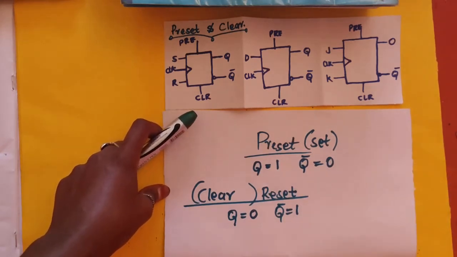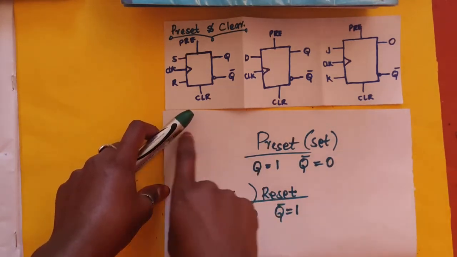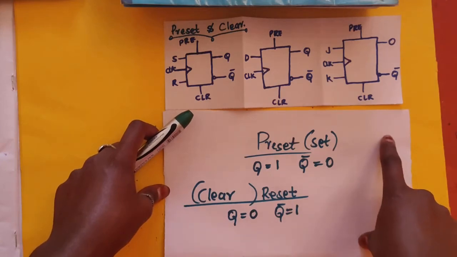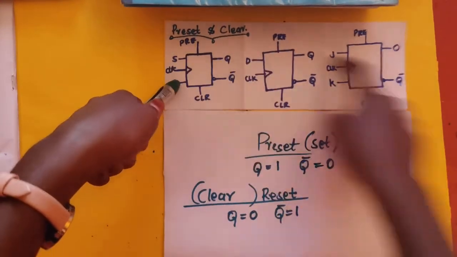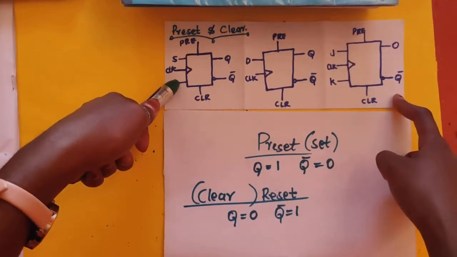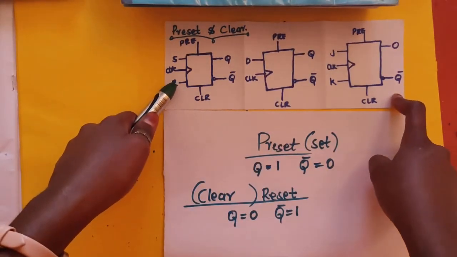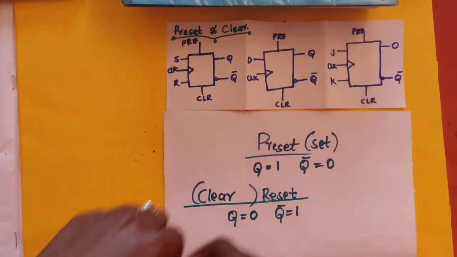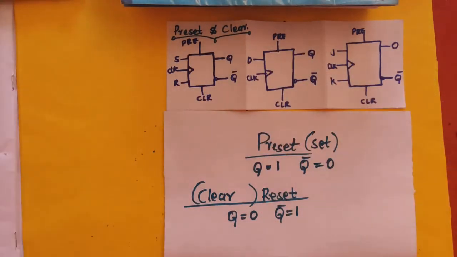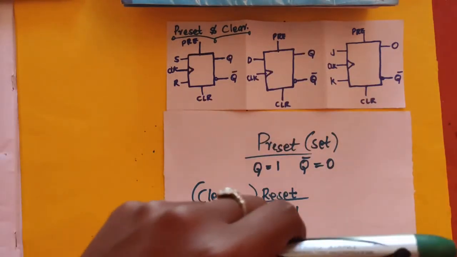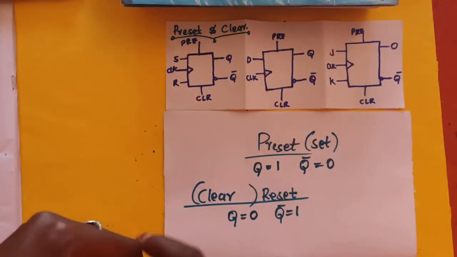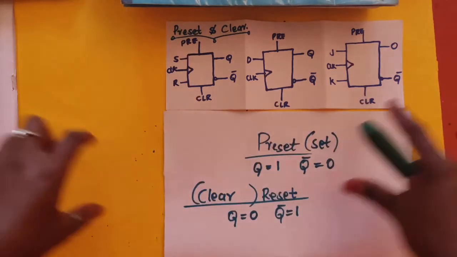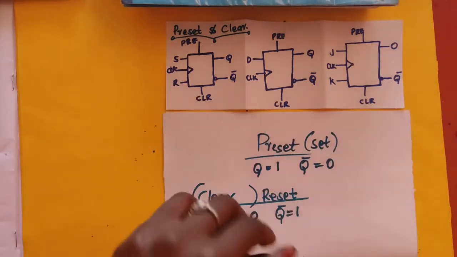This we will look at quite later on. When you need to reset everything at once, you can just click on any of these and all will be set or all will be reset. It depends on the function you want to achieve: the D type, which is used as data storage, or this, which is used to set and reset multiple flip-flops. You just choose according to the function you want.